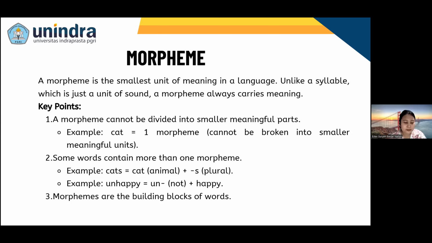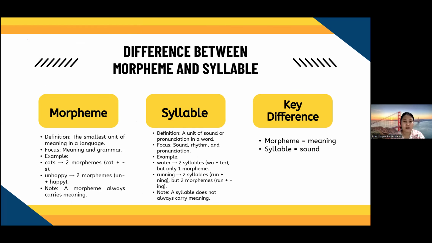This is the difference between morpheme and syllable. Morpheme: the smallest unit of meaning in language. The focus is meaning and grammar. For example, pets has two morphemes and unhappy has two morphemes. A morpheme always carries meaning. Syllable: a unit of sound or pronunciation in a word.